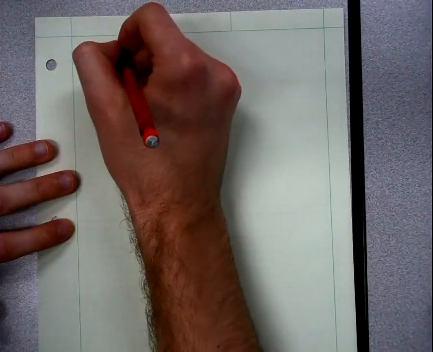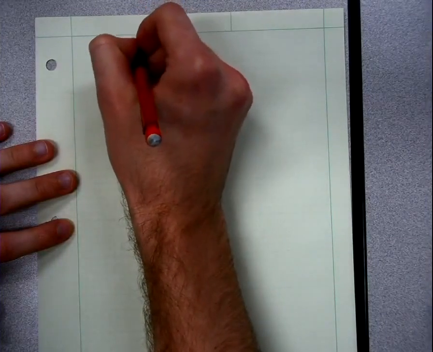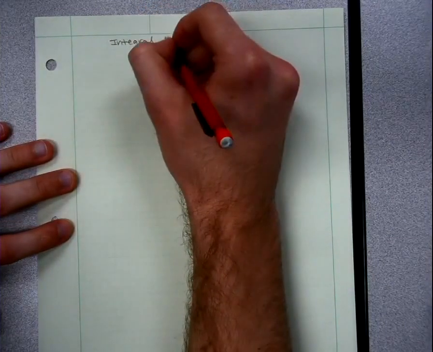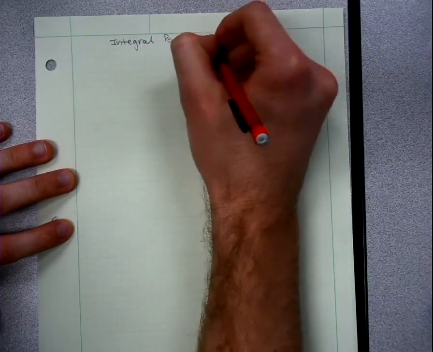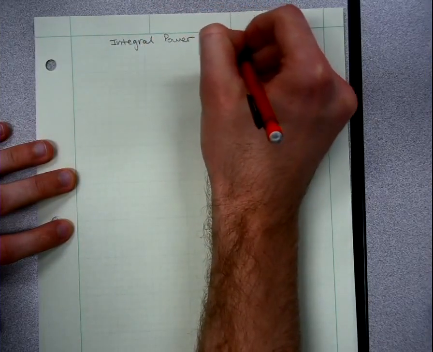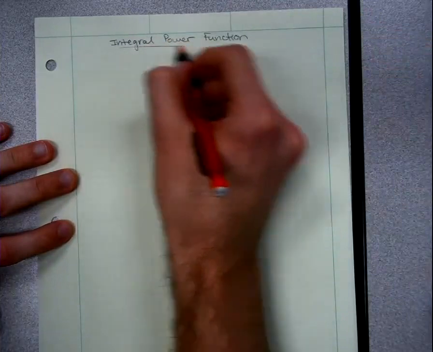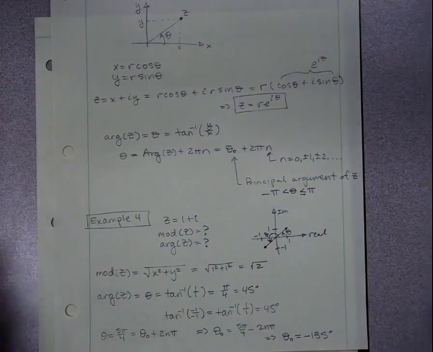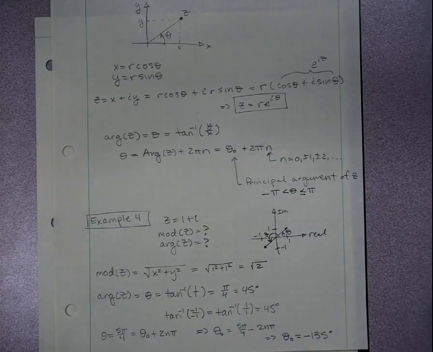So let me just, okay, the next thing we're going to do is called the integral power function. If you go back to the next page, so now we have our data going, we're going counterclockwise, now we're going clockwise?